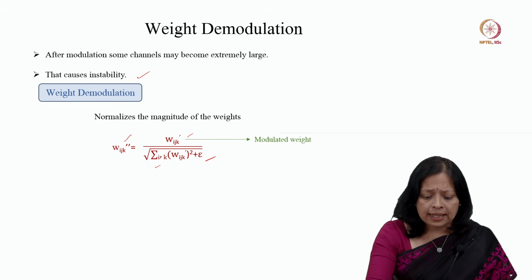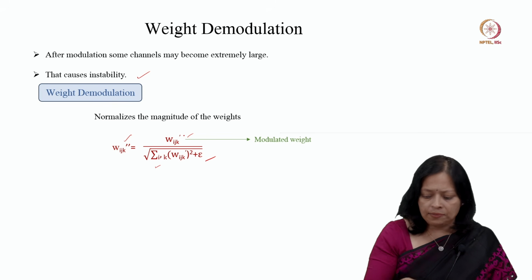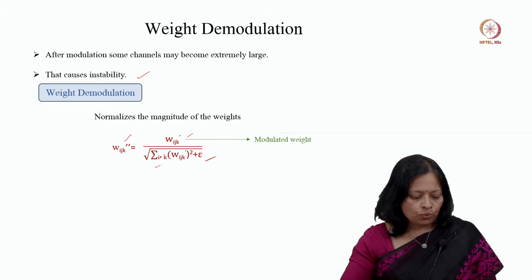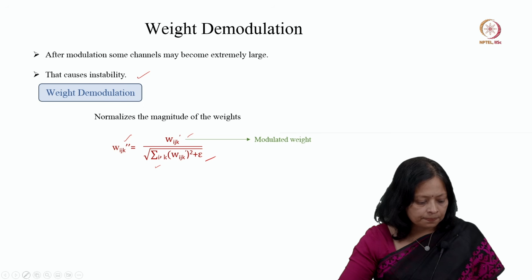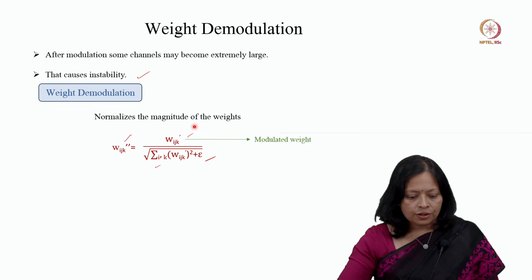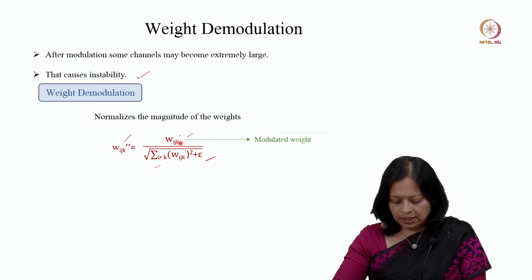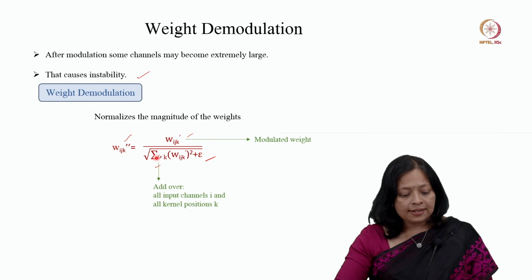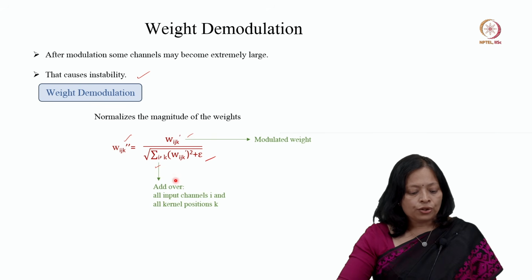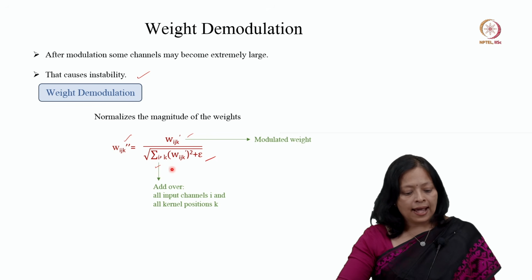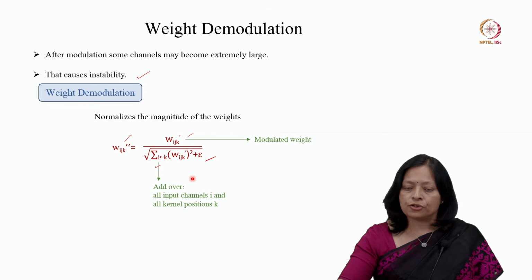Wij prime is basically your modulated weight, and then there is a summation over i and k. The summation adds over all input channels i and over all the kernel positions k.